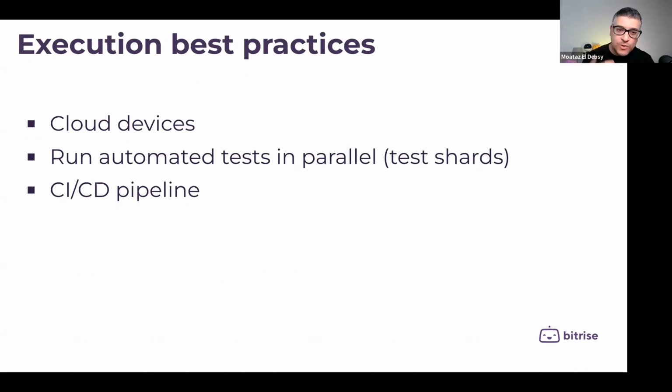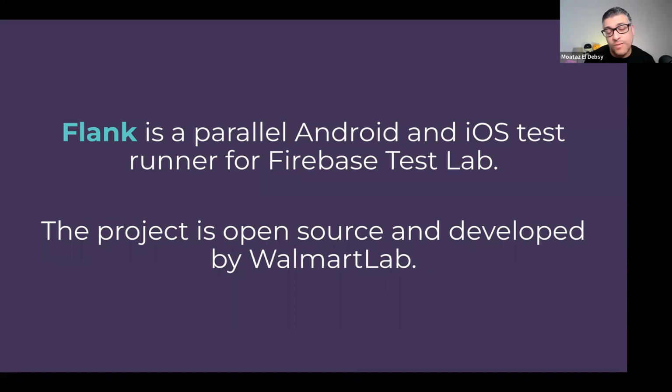This will help us speed up the test automation run. Because of that, we have a wrapper library called Flank. Flank is a parallel Android and iOS runner for Firebase Test Lab. As I told you at the beginning, this library is only for Firebase Test Lab. It takes the same concepts from the Firebase console and implements them in a file format.